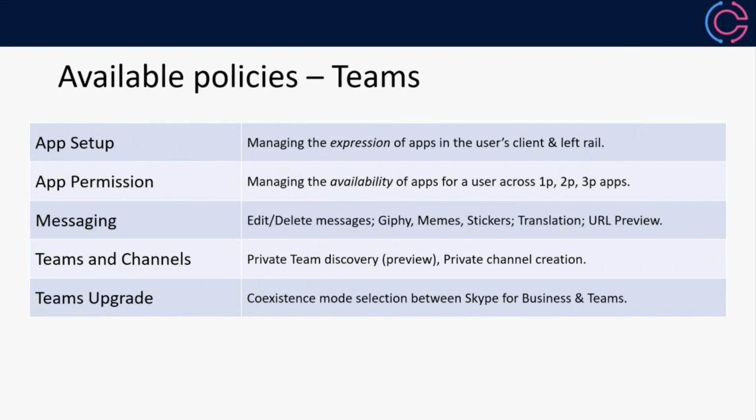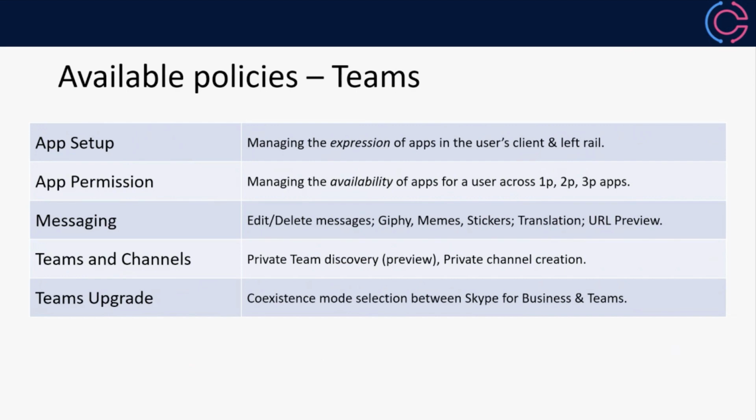I like to say we think about the expression of the application on the client. It's the app setup policy. Permission policy deals with how I, as a user, have access to apps, whether or not that app is even something that I could see in my store or that I could even have available to me.